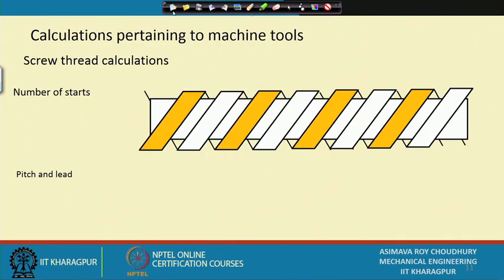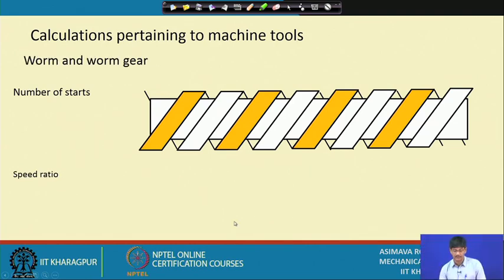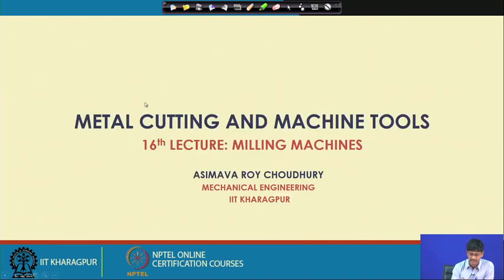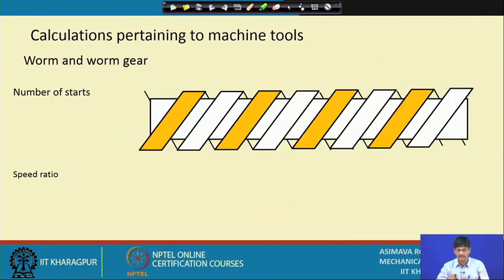Now, let us move on to the last machine element pair that we have to discuss, the worm and worm gear. What is the worm and worm gear? For that, let us at this moment identify the worm by simply referring to it as a threaded element.